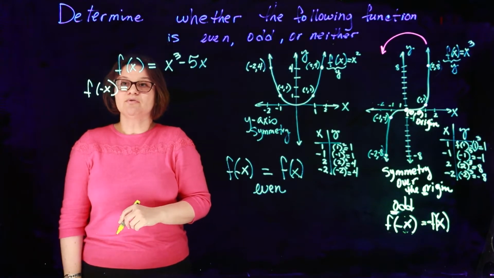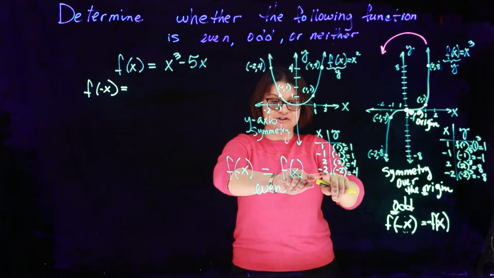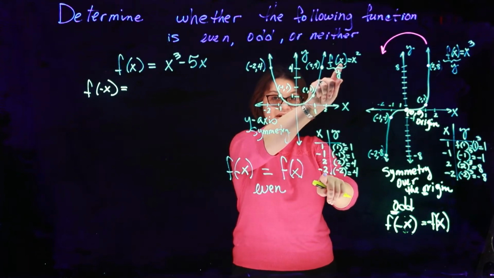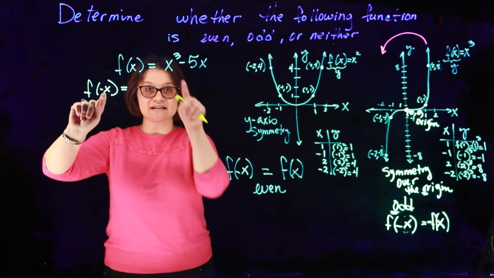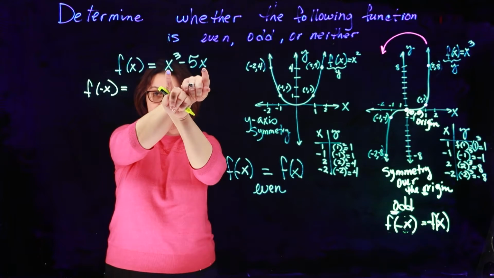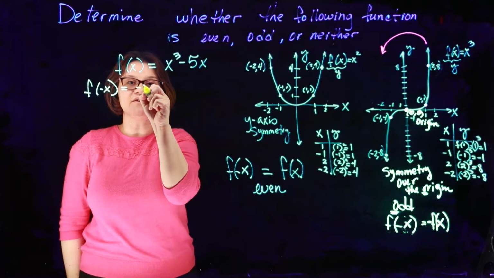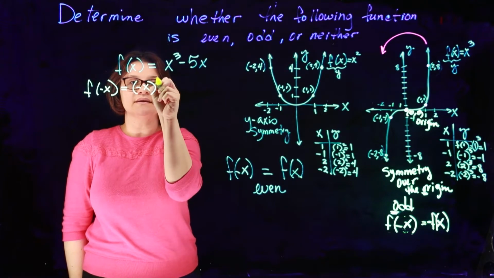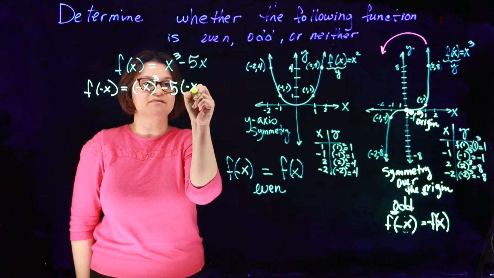Remember, when I took a negative x, I substituted this negative x into this function. I'll do the same thing. I'll take this negative x and substitute it into this function. But this time I have 2 x's to substitute, so I'll substitute for all of the x's. Negative x quantity cubed minus 5 times negative x.